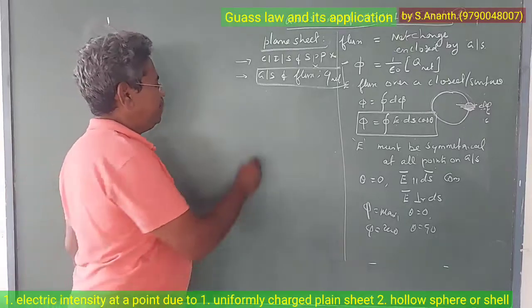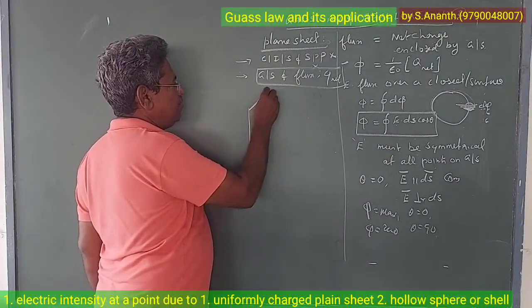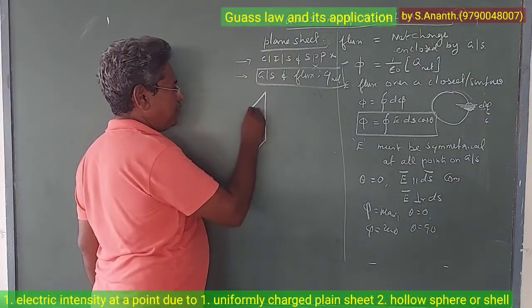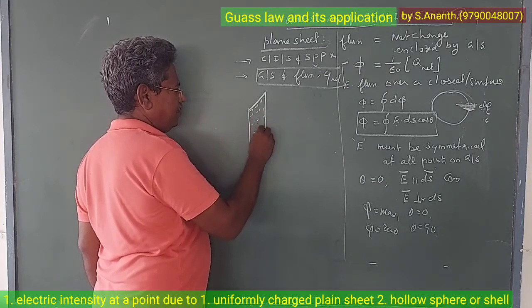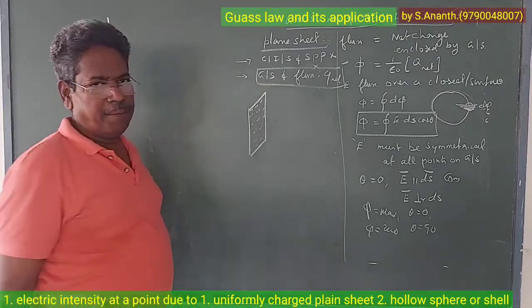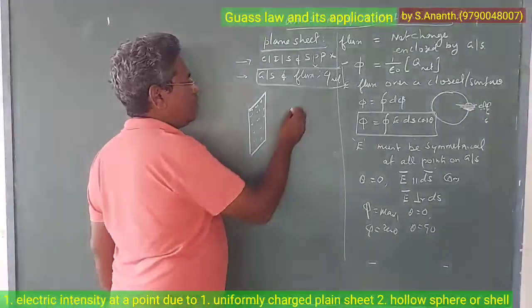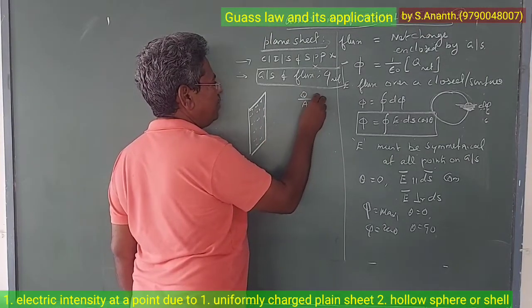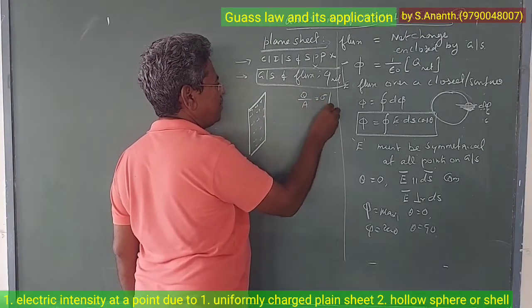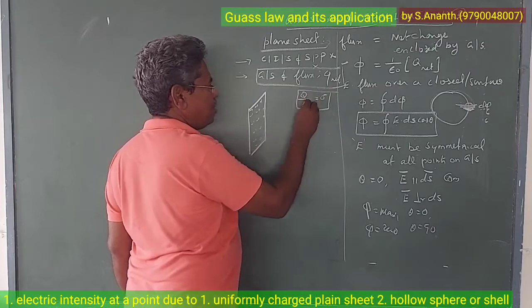Let us consider a uniformly charged plane sheet. Charge is distributed throughout the area. That we call sigma, the surface charge density, that is charge per unit area.